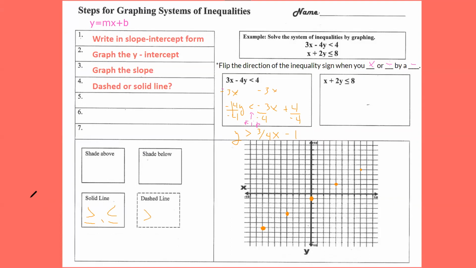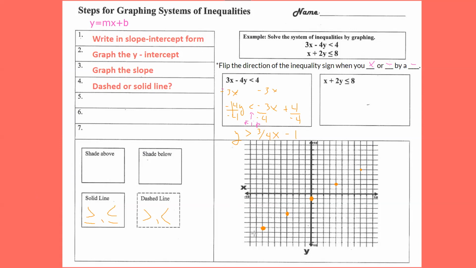If it's just greater than or just less than, then it's not included in our solution, and it's going to be a dashed line. It's very similar to when we did domain and range, and our closed dots were included and our open dots were excluded. Same concept. Our solid lines are included and our dashed lines are excluded.